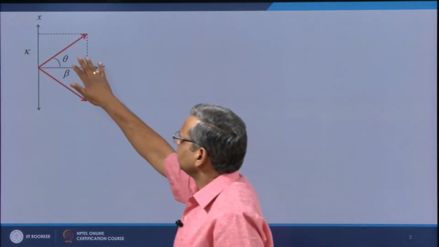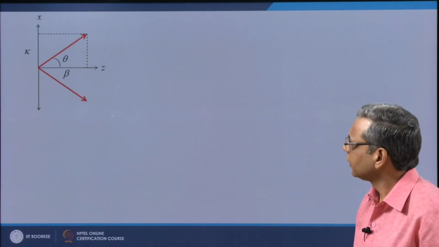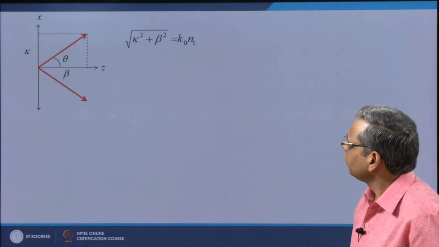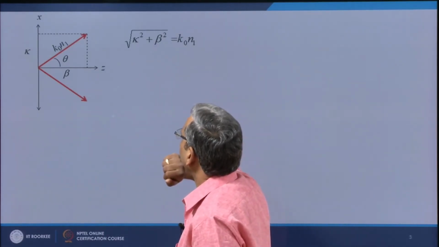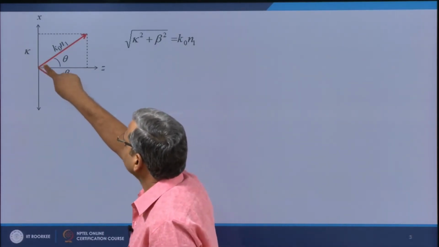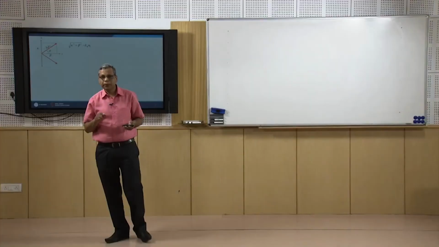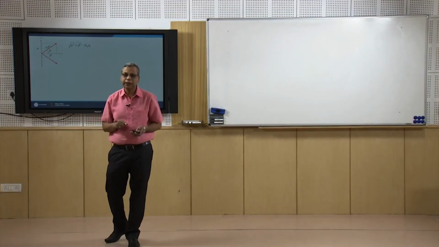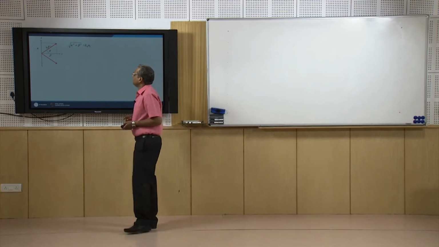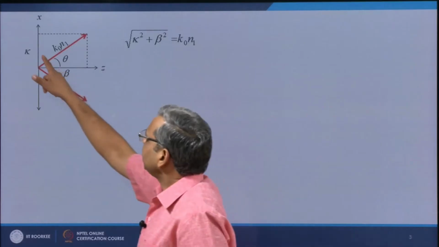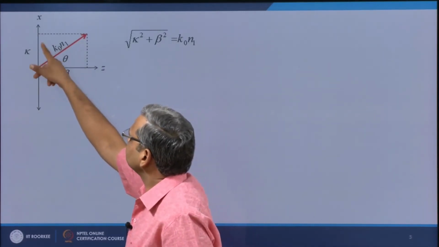These are the two constituent plane waves, and if I do kappa square plus beta square, it comes out to be k naught n1 squared, where k naught n1 is nothing but the propagation constant with which a plane wave propagates in an infinitely extended medium of refractive index n1. So, kappa is nothing but the component of this along x.